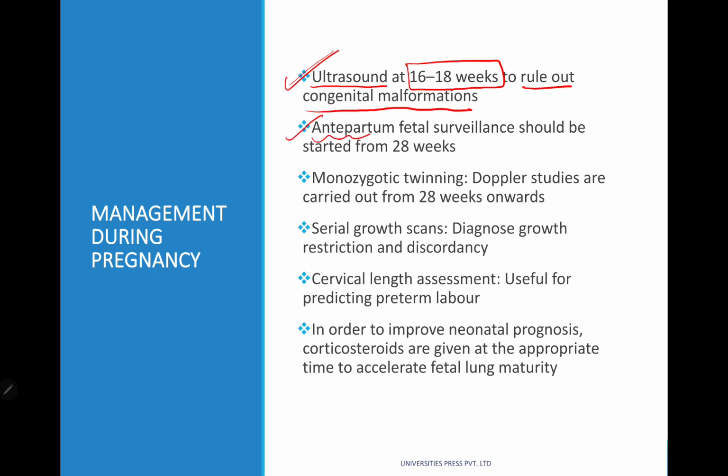Then you are going to do your antepartum fetal surveillance. Very important: antepartum fetal surveillance should be started from 28 weeks. In case of monozygotic twinning, Doppler studies are carried out from 28 weeks onwards.